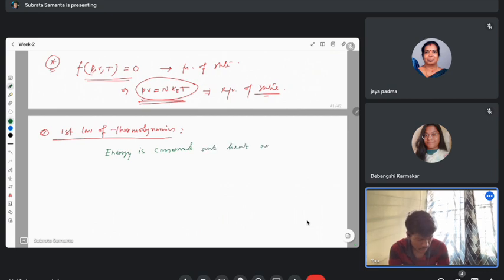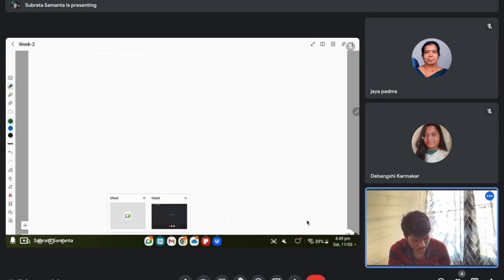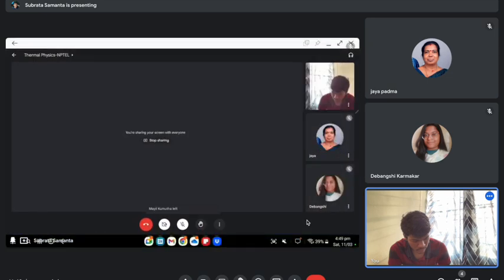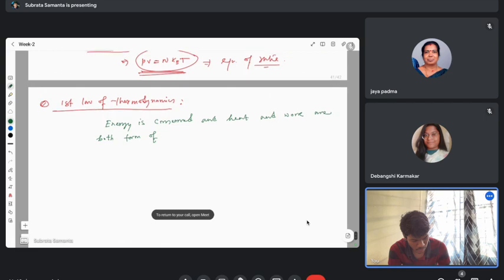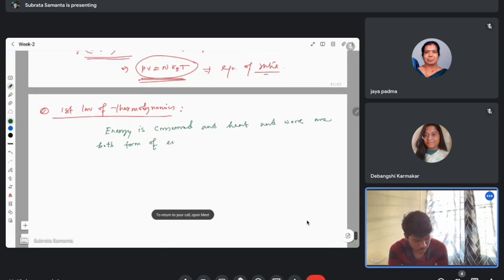Heat and work are both forms of energy. This is the statement that energy is conserved for a closed system.